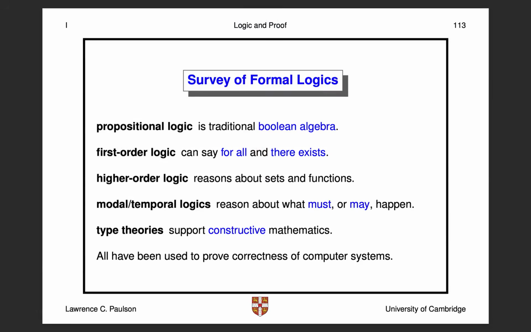Now, I would briefly like to conclude by surveying some of the formal logics out there, many of which you may have seen before. First, there's propositional logic, Boolean algebra. You will have seen it in a digital electronics course. You will have seen it in discrete mathematics. It is the world of and, or, not, implies, if and only if, and indeed exclusive or, though for some reason maths books tend to ignore exclusive or.